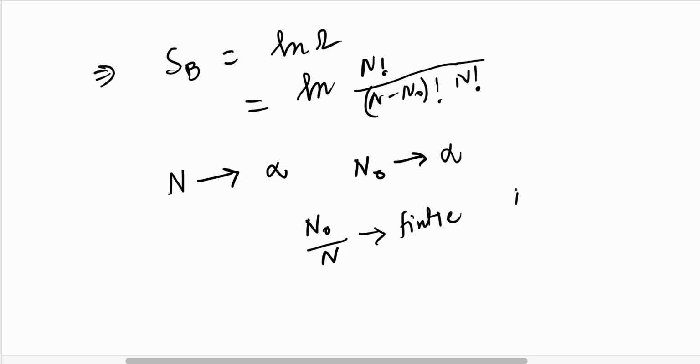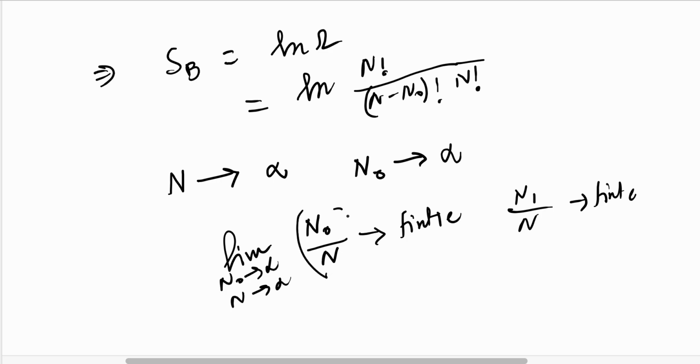Similarly, n1 by n, the fraction of particles with energy E, is also finite. Both n0 and n go to infinity, n1 also, but the limiting value exists. n0 tends to infinity, n tends to infinity, but n0 by n is finite.